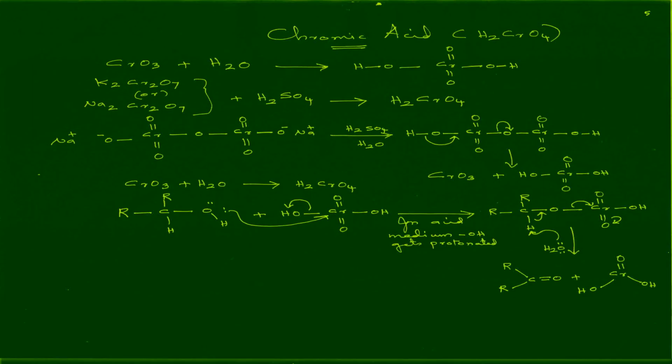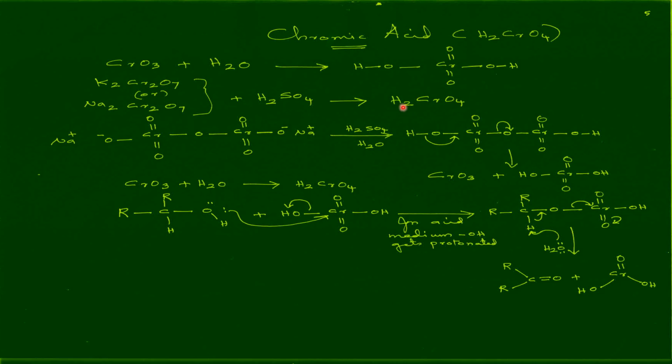Oxidation of alcohol with chromic acid. Chromic acid is obtained by dissolving chromium 6 oxide in water. This is chromic acid. This chromic acid is obtained in other ways also. Sodium or potassium dichromate, when dissolved in sulfuric acid also, we are getting chromic acid.